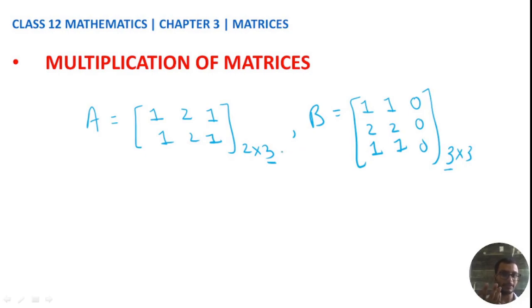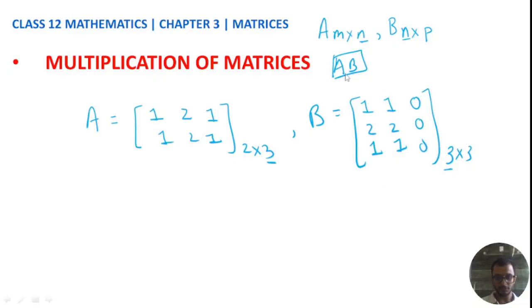You can talk about multiplication of two matrices only when, suppose A is of order M cross N, then if you want to talk about A into B, you should have B of order N cross some P. P can be anything, it doesn't matter, but the columns of A should be the same as the rows of B. Then only you can talk about AB.